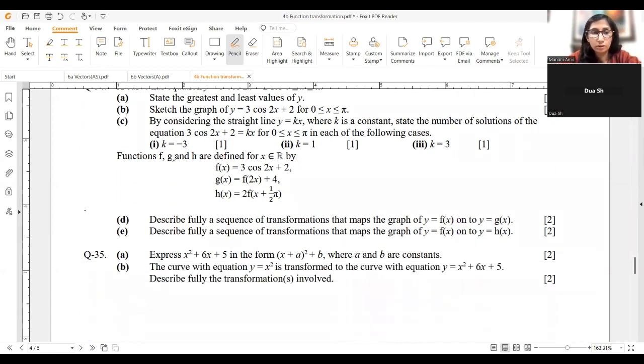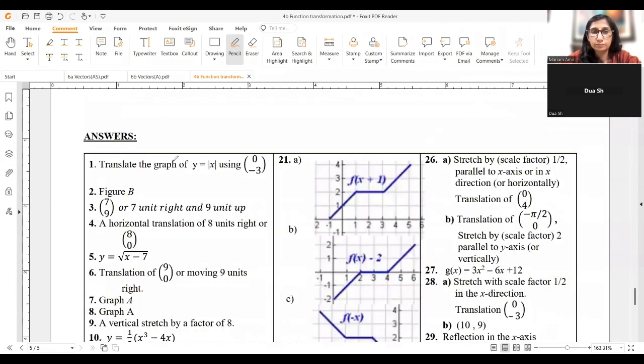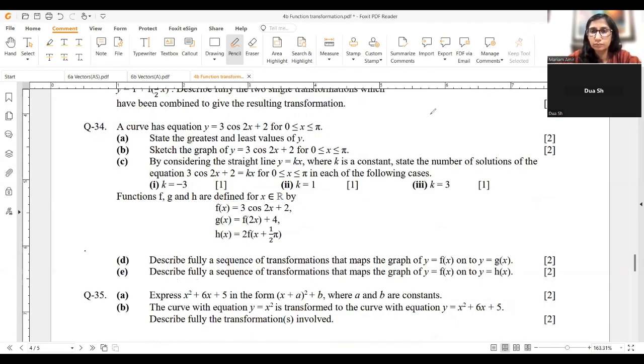Question 34. Let's try to finish it within 10 minutes so that we don't have to restart. Okay, a curve has... Substitute 1 or -1. Exactly, because the biggest value of cos 2x is 1 and the minimum value of this is -1.